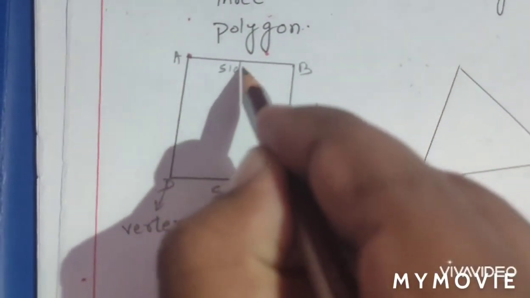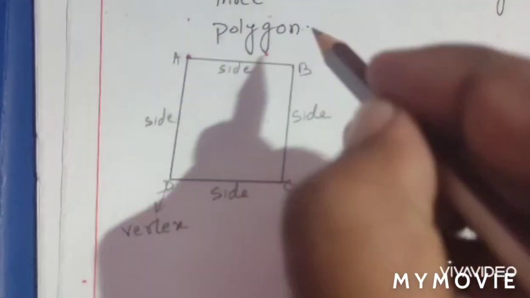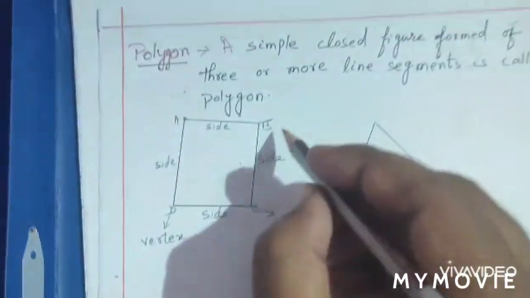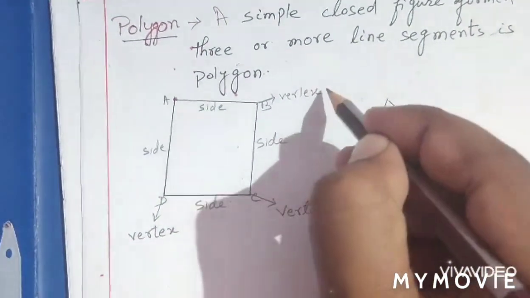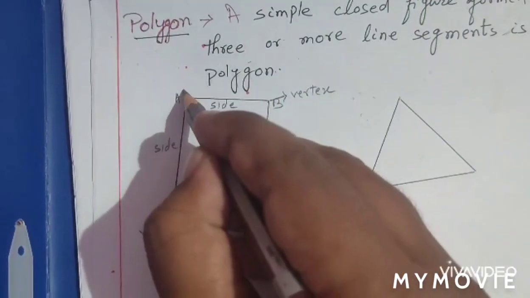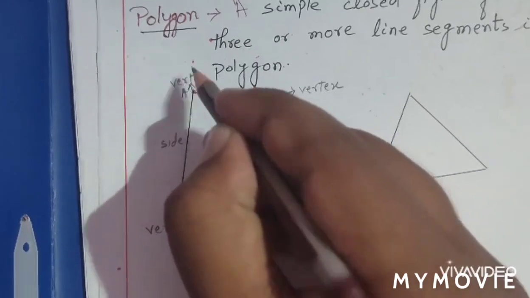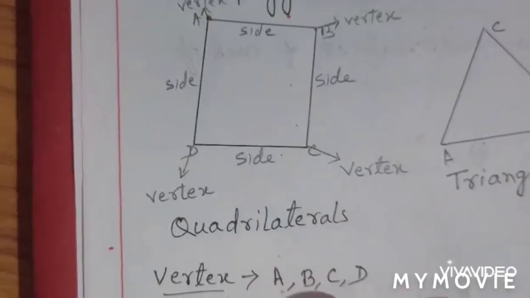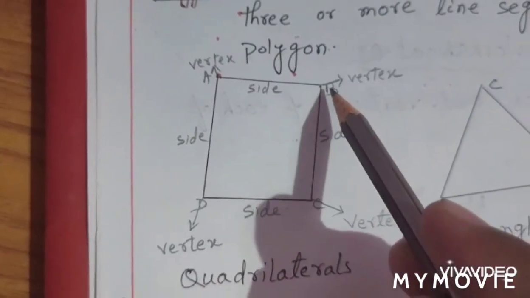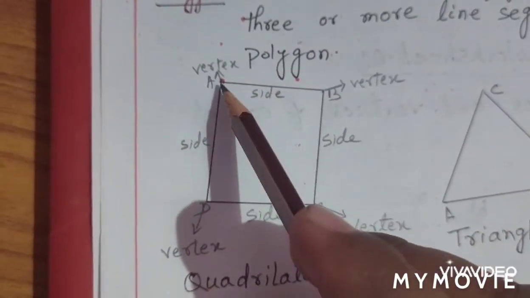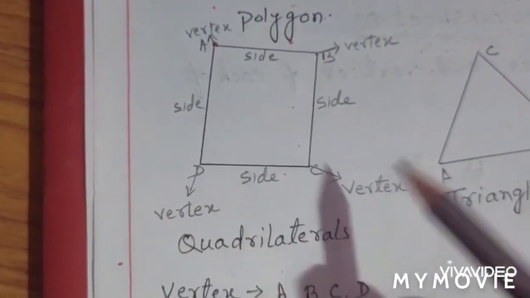I'm writing over here for better understanding: side, and this is also a side. This is your vertex, this is also one vertex. Got it? Yes. As I told you, this is one vertex, this is another vertex, this is one vertex, and this is another vertex.